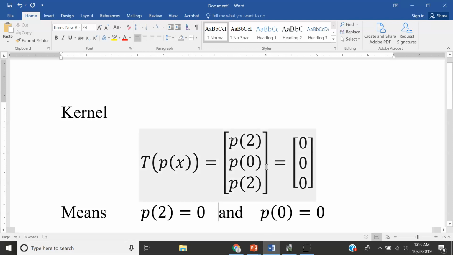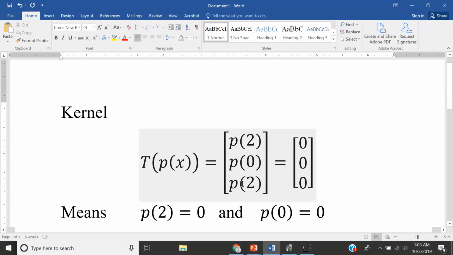Well, let's take the kernel first. Now, if we're going to look for the kernel, we want our output vector to be the 0 vector. Now, what this means is that if you plug in 2 into your polynomial, you should end up with a 0. And if you plug in 0 into your polynomial, you should also end up with a 0.